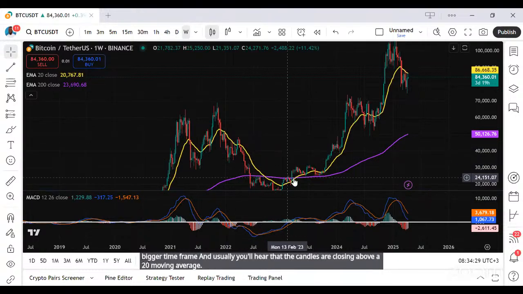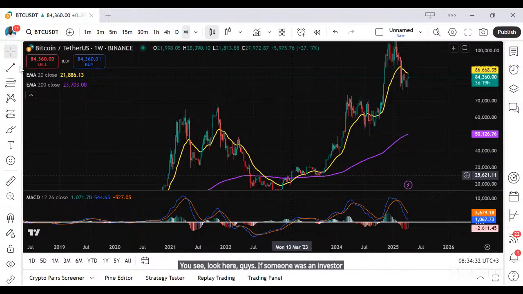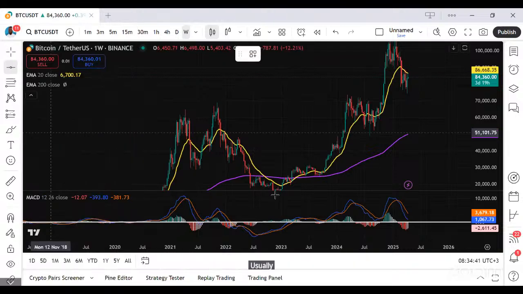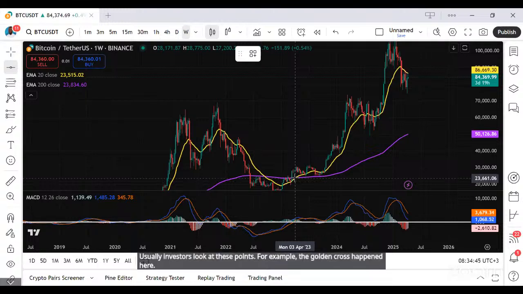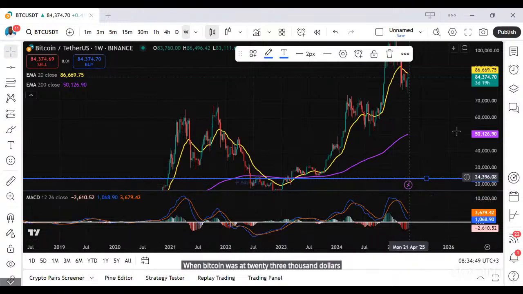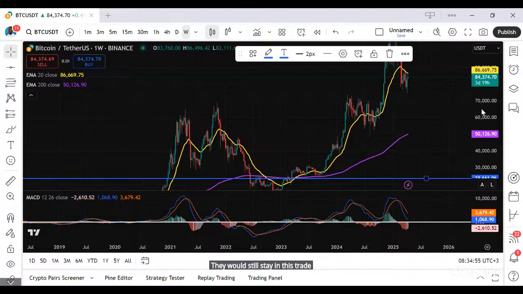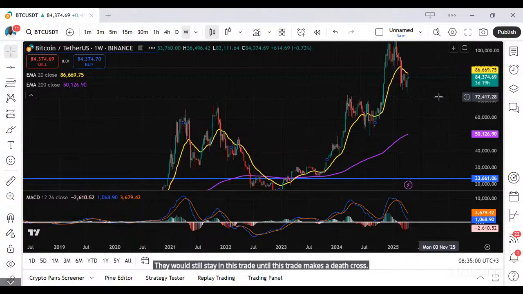Look here, guys. If someone was an investor, because there's a difference between a trader and an investor, usually investors look at these points. For example, the golden cross happened here when Bitcoin was at $23,000. If someone invested as an investor, they would still stay in this trade until it makes a death cross. And they look at bigger time frames.